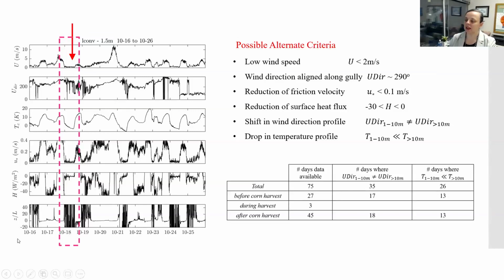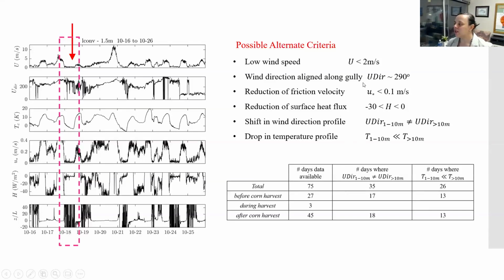And what you're looking at here is 2 weeks of data in October from the 16th to the 26th-ish, and several of the different variables at the tower. And what we did through this is to look at particularly the IOPs, where we know we had drainage flow because we were there physically watching the smoke. So we know that we had the conditions that we were trying to identify, and then going back and looking at commonalities during those periods.